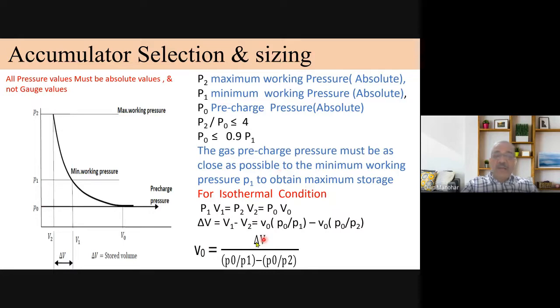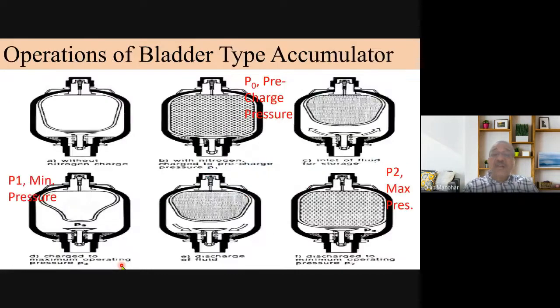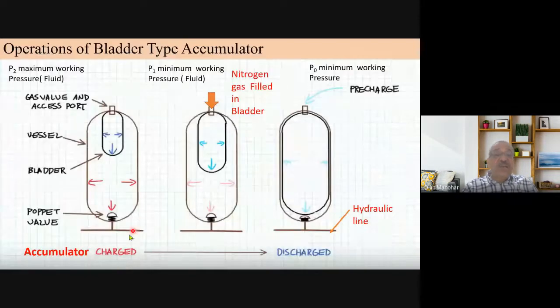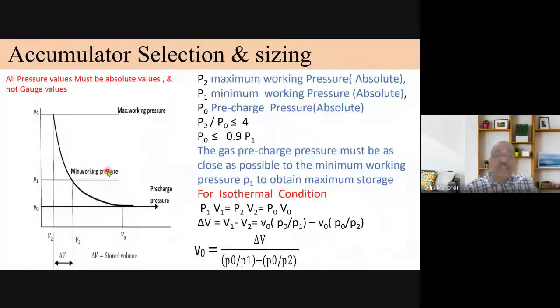Using this formula, you calculate delta V0. V1 and V2 are the volumes, and delta V is the volume of the useful volume stored. This is the internal volume, which is the effective volume for the accumulator, which is shown here, effective volume for use.